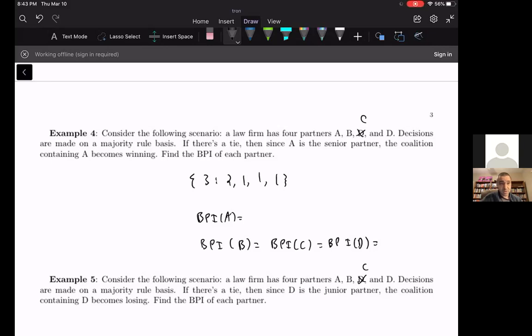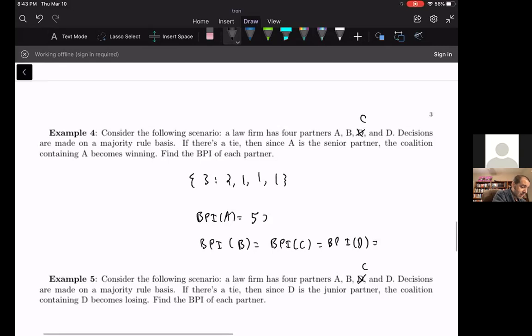Okay, so I'm going to come back to my calculator and type that in. Again, I'm not going to keep hopping back and forth because it's obnoxious to watch, but there are 4 voters, the quota is 3, and I type 2, 1, 1, 1 with no commas. And what it tells me is the power of A is 50%.